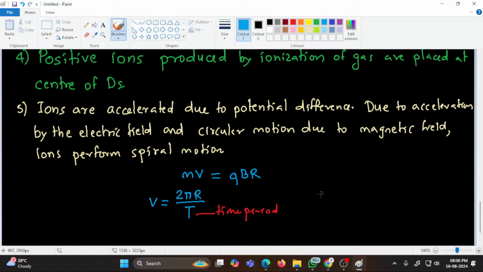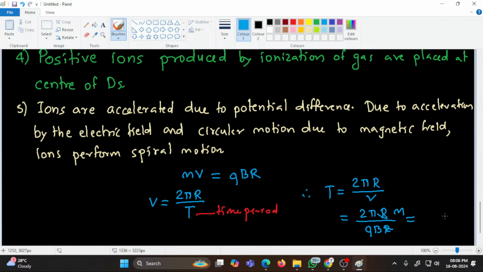So from that we get the time period T is 2 pi r upon v, and in that if we put the value of v to be qBr upon m, r cancels.